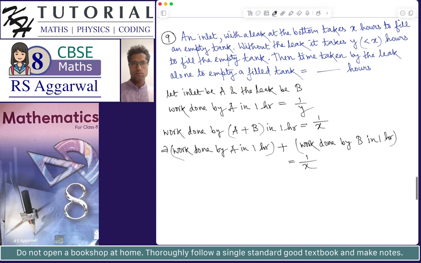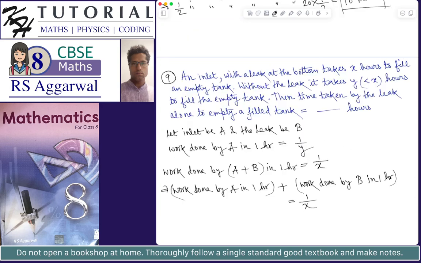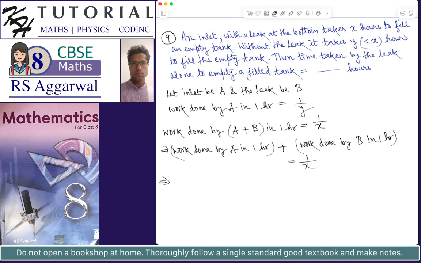Now work done by A in 1 hour we know is 1 by y. So we have 1 by y plus work done by B in 1 hour is equal to 1 by x.